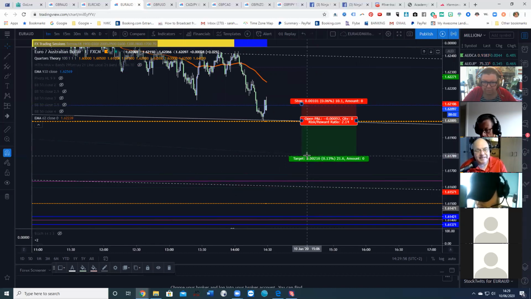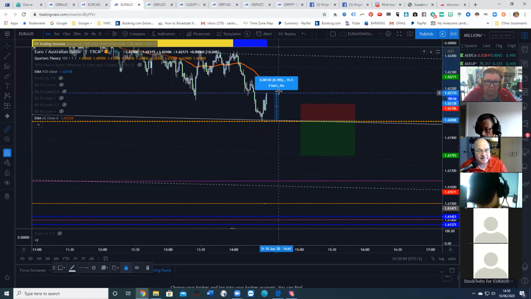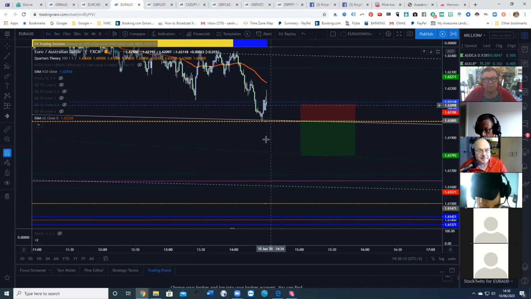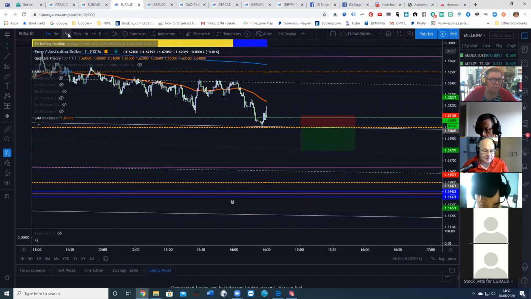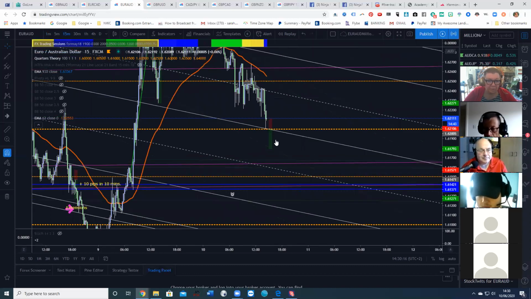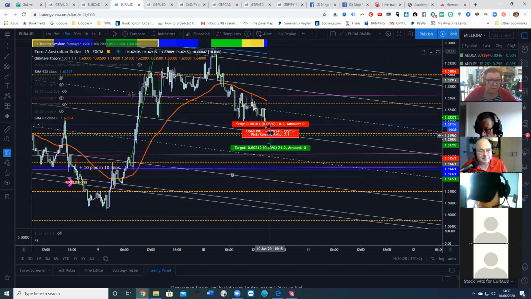How many pips is that rejection there, Sarah? That rejection is 17, and it would be up to 20 to the 62, which is what it looks like it wants to do at the moment. If we come to the 15-minute, you can see that it's curling down nicely.